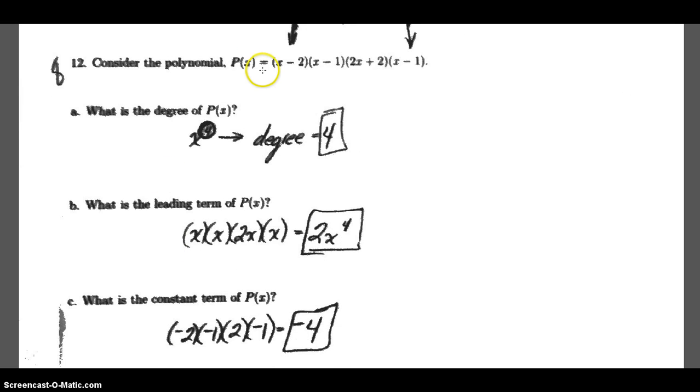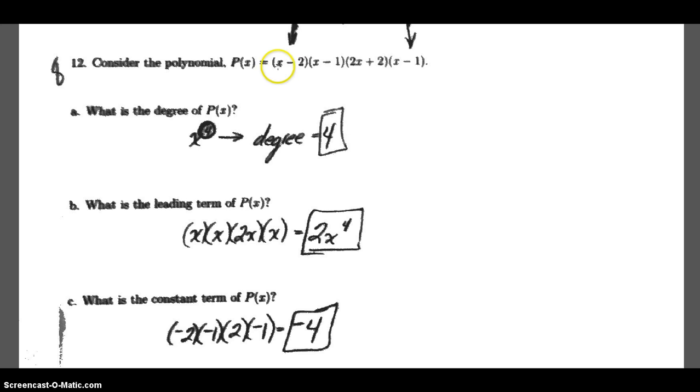Okay, we have a polynomial here that's already factored on us, which makes our life very easy. Degree, we're just looking at all the different powers of x. You may even want to look at the leading term first, because then that'll show you that the degree here is 4. The highest power of x is going to be 4.